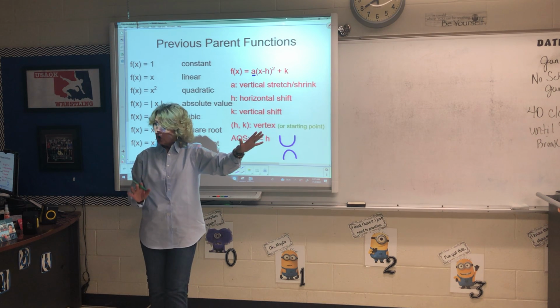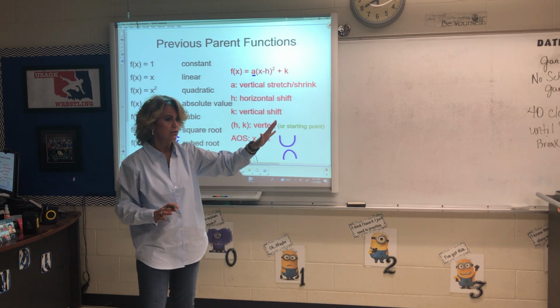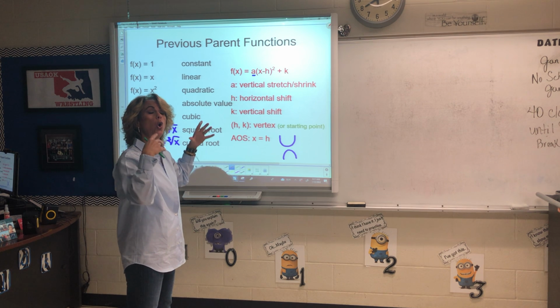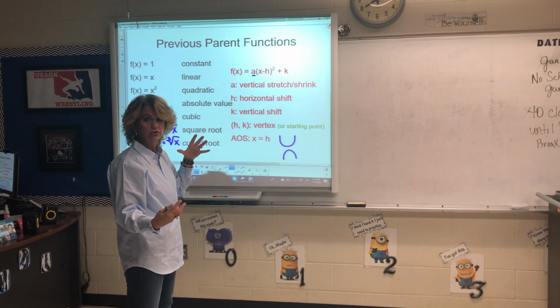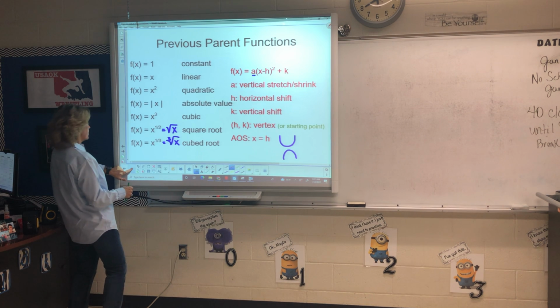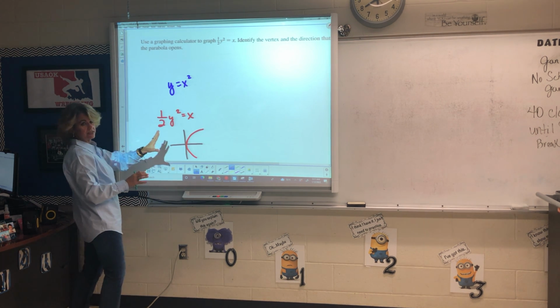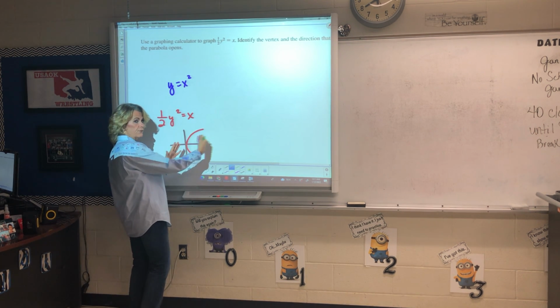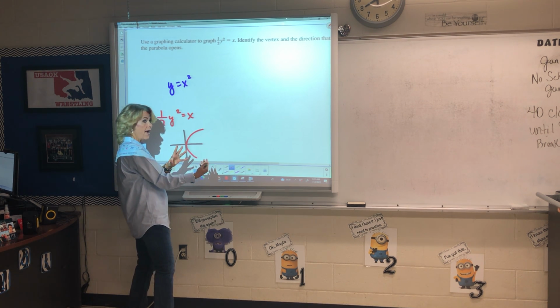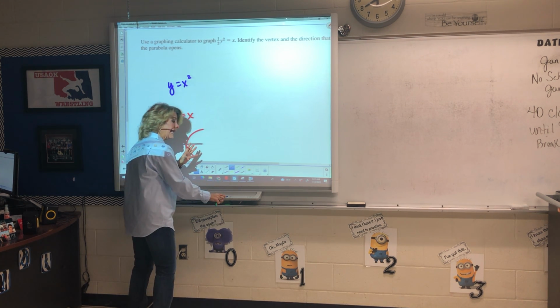A still determines your shrink or stretch, yes? Except it opens left and right, so it would be a horizontal shrink or stretch. Do we understand that? Yes or no? So, one thing that's different is since this opens left or right, this is not a function. Everybody understand that? It's a graph, but it is not a function.